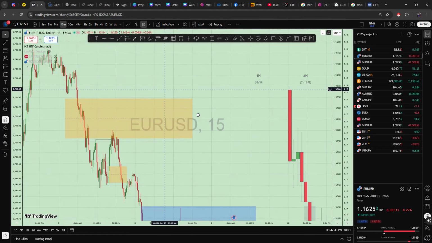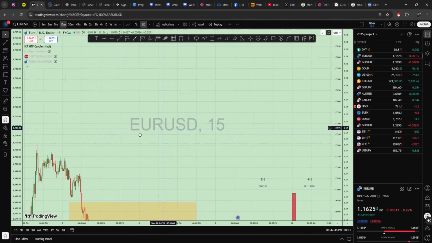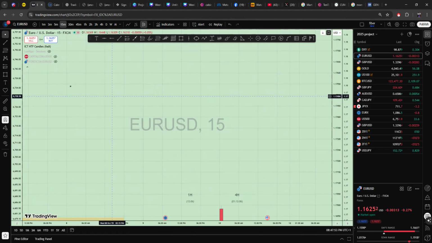Patience is where the real money will come from, when you are not rushing after setups. That's why you hardly see profitable scalpers, because the moment you are rushing like that, that's not the right approach to making money. Even ICT, who trades the second chart, if you watch his mentorship, you will see him talking about swing traders and position traders, strategies for them to use.